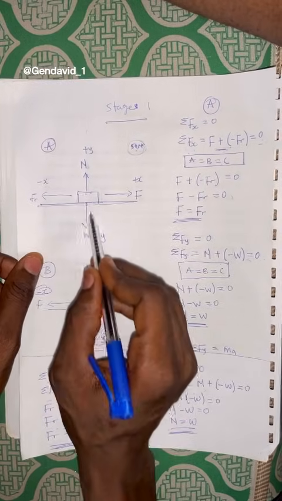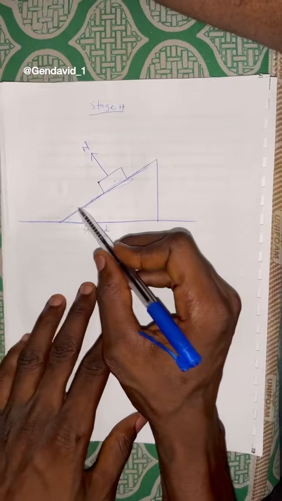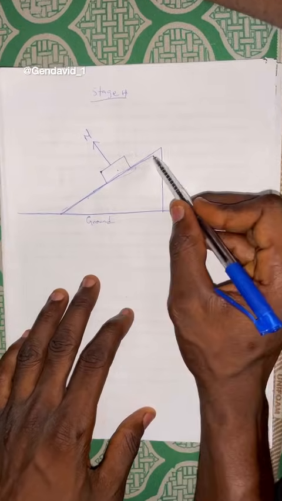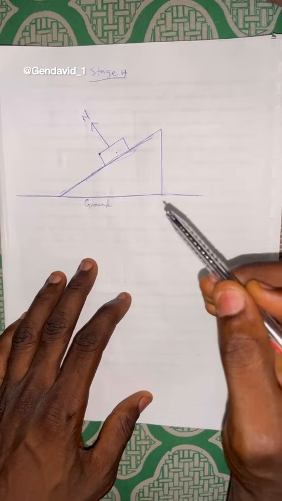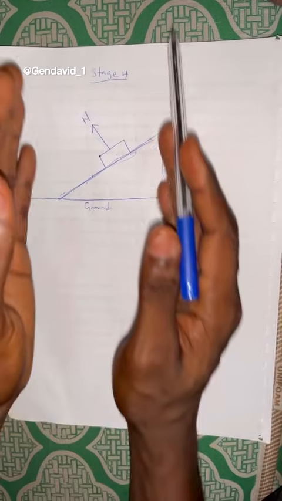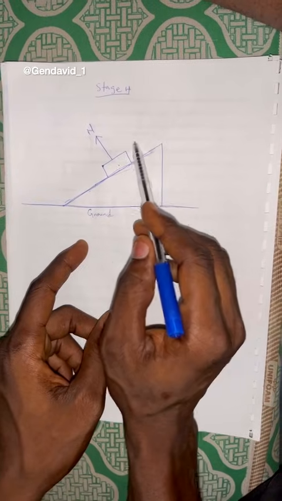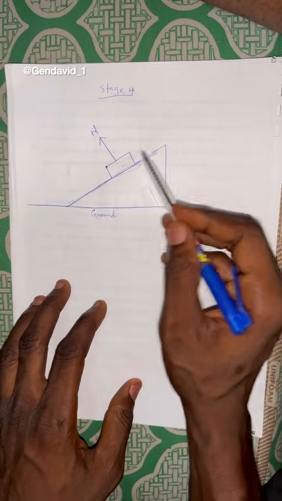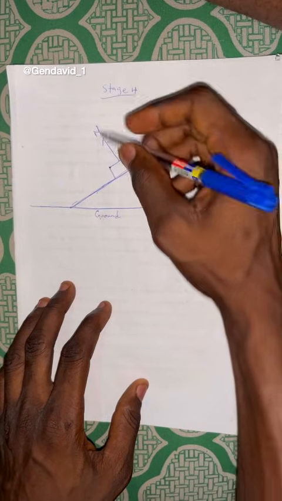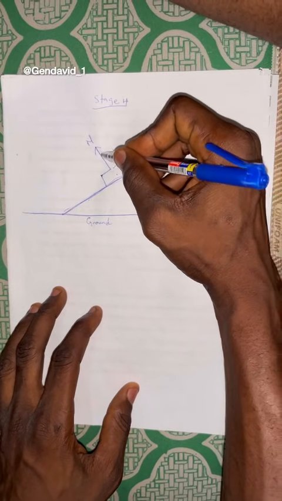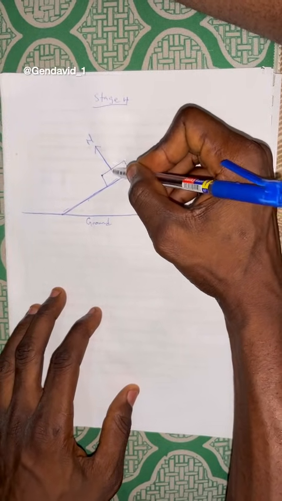That's why the normal force is going like this. So, the object and the normal force are always perpendicular.